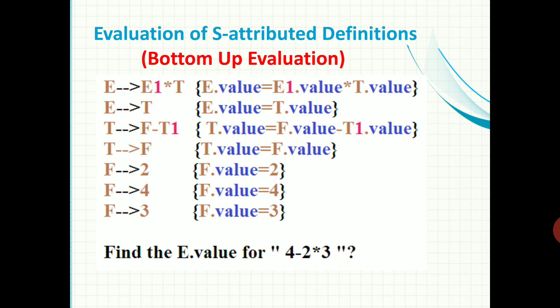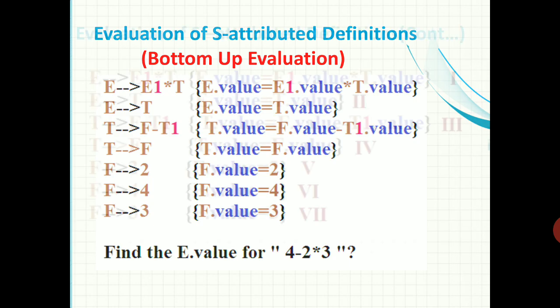Here we take the example as E produces E star T, then some more productions. To identify the left side and right side E, we are associating some numbers to the right non-terminals E and T. We have to find out the value of 4 minus 2 star 3 for this grammar.